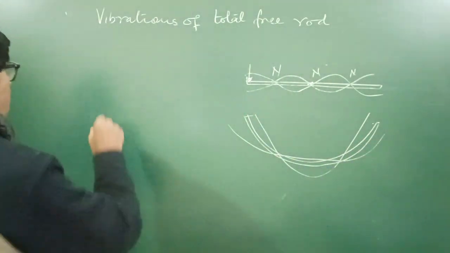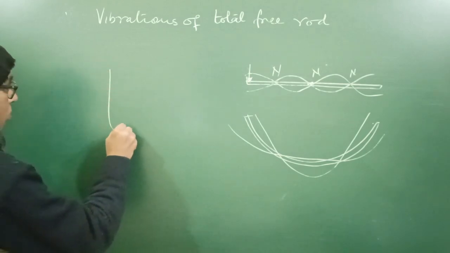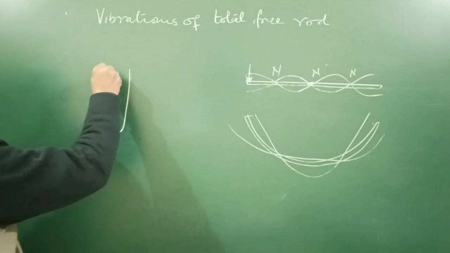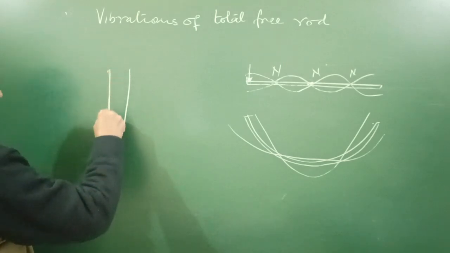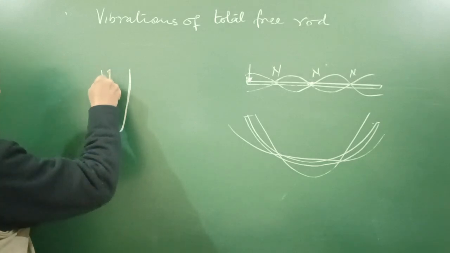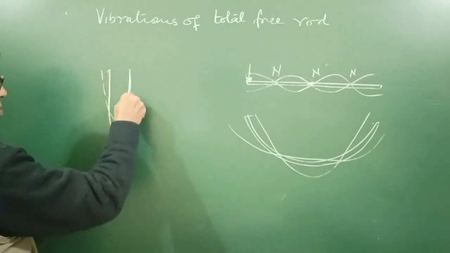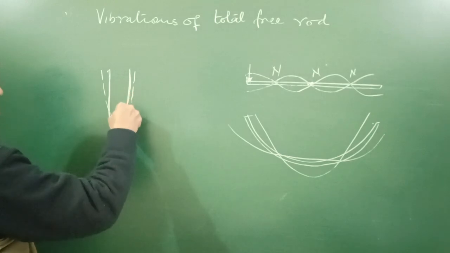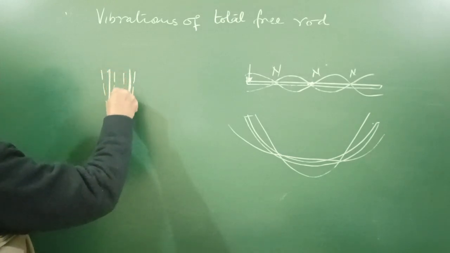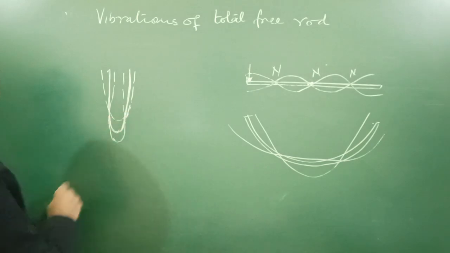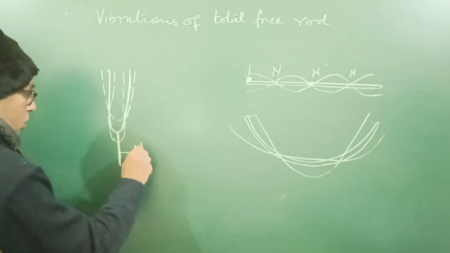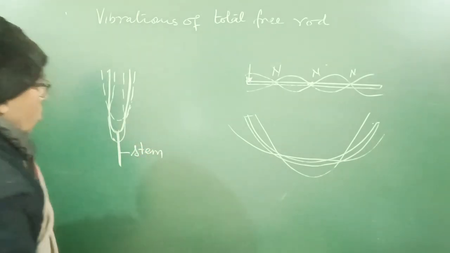And if I make it exactly U shape, then it may oscillate like this. And like this. And this is the working principle of tuning fork. We fix a stem here. This is called the stem of the tuning fork.